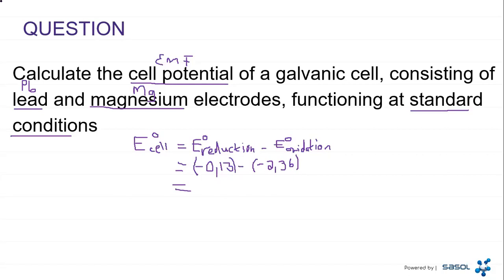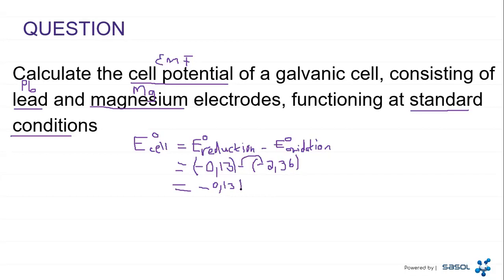and we say, okay, negative 0.13, right? We are simplifying now. Minus into negative 2.36. So the learners will know negative times negative gives me positive.